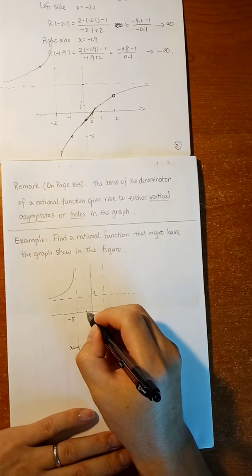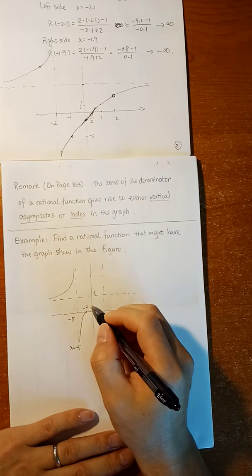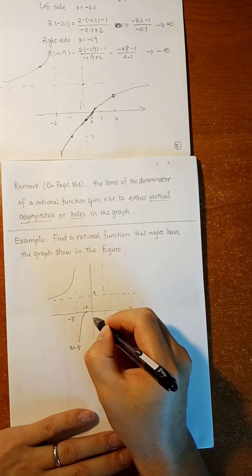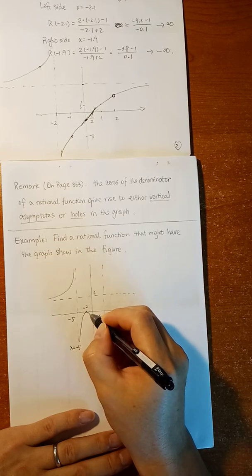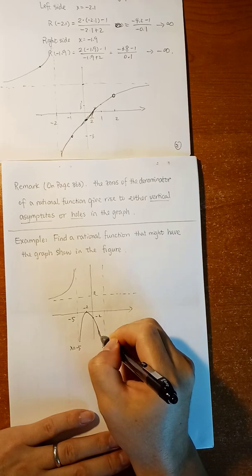This point is 2, -2, and goes to infinity, and this is -2 also. Goes to infinity.